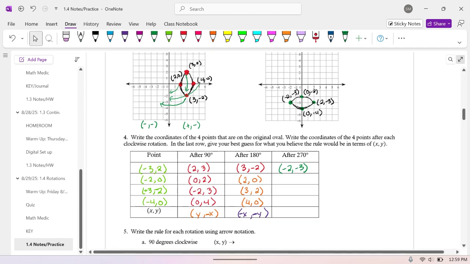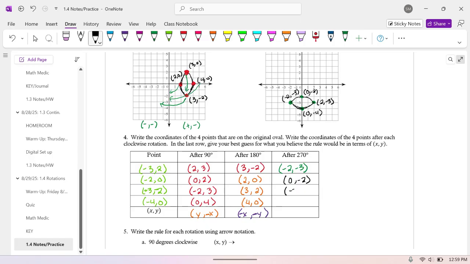And I'm going to label them as such down here. So 0, negative 2, positive 2, negative 3, and then 0, negative 4.